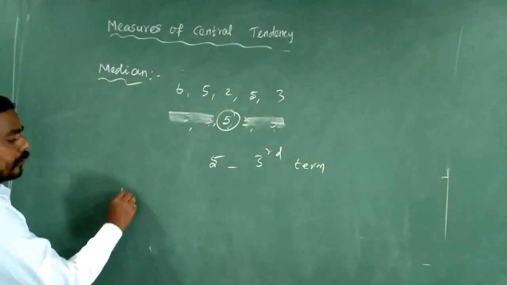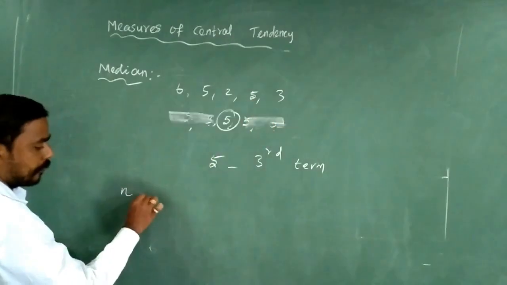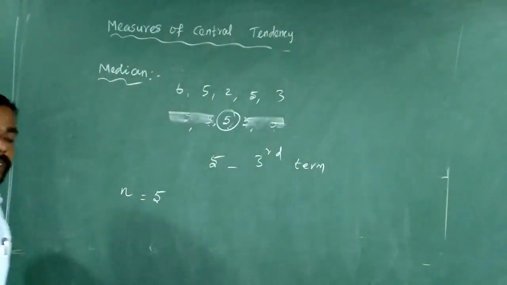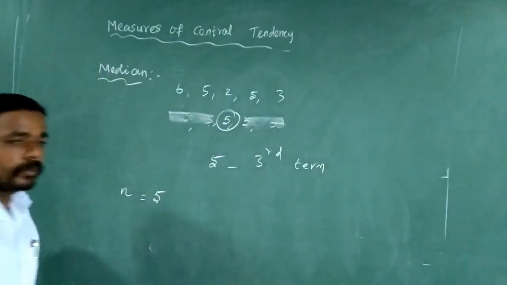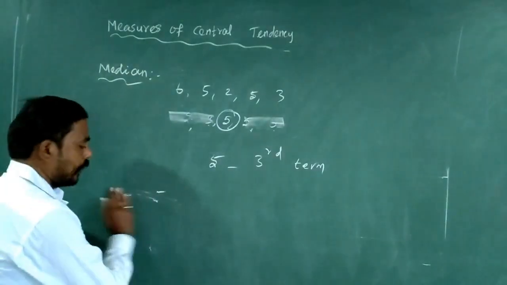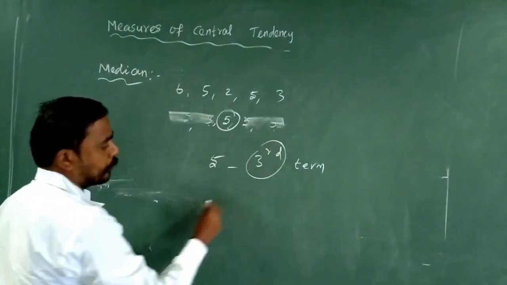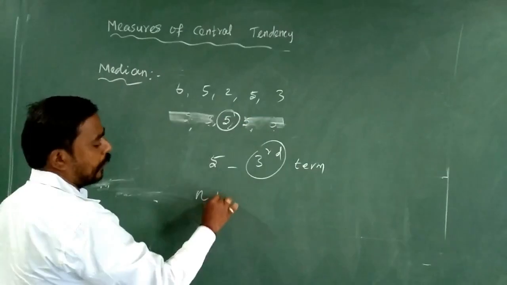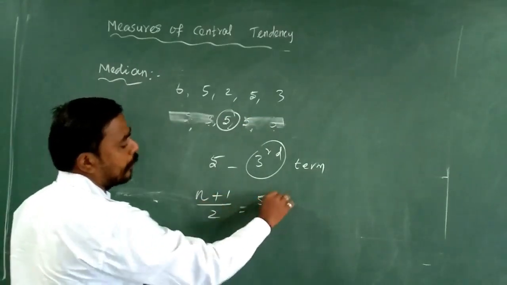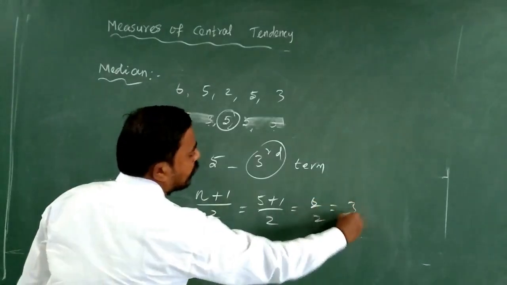So we are going to introduce the symbol n. So n is 1, 2, 3, 4, 5. So n is 5. 5 is not possible to divide by 2, we get only a decimal value. So what you can write is, the third term is possible as n, that is 5 plus 1 divided by 2. That is 6 by 2, which is 3.